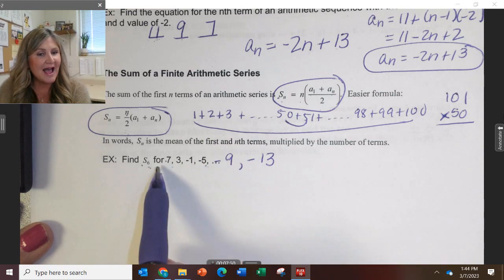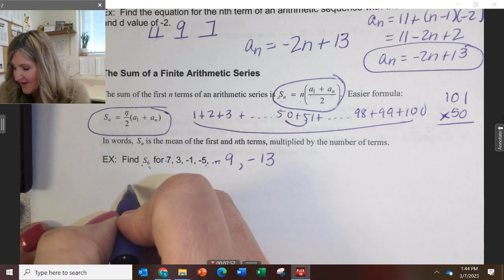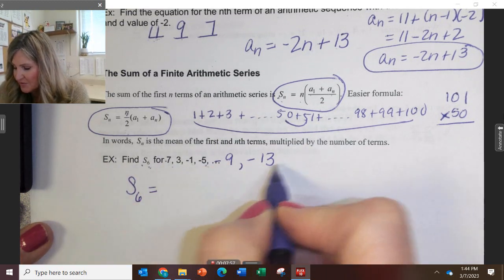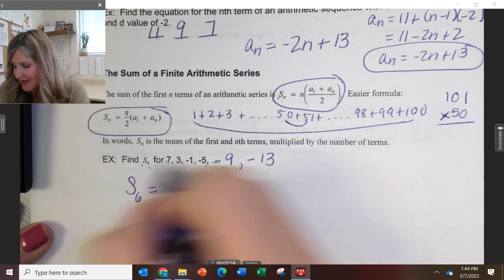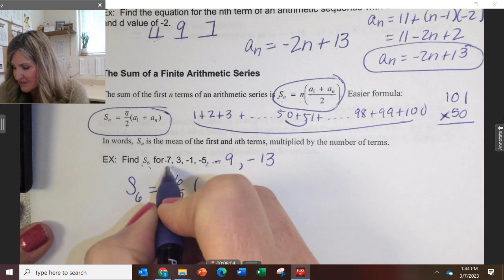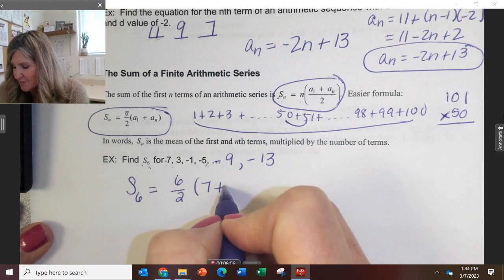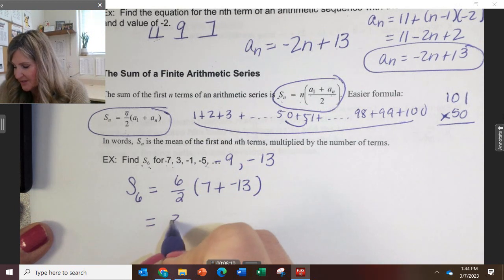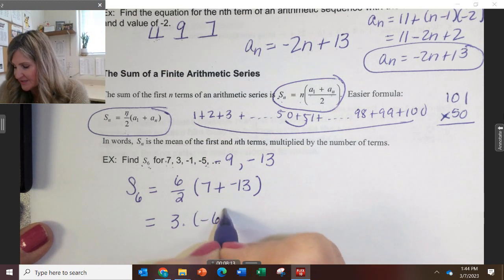So once we have these all listed out, I can find the sum of the first 6 by doing the number of terms. So how many terms do we have? It's going to be 6 divided by 2 times the first term plus the last term. So it's going to be 3 times negative 6.